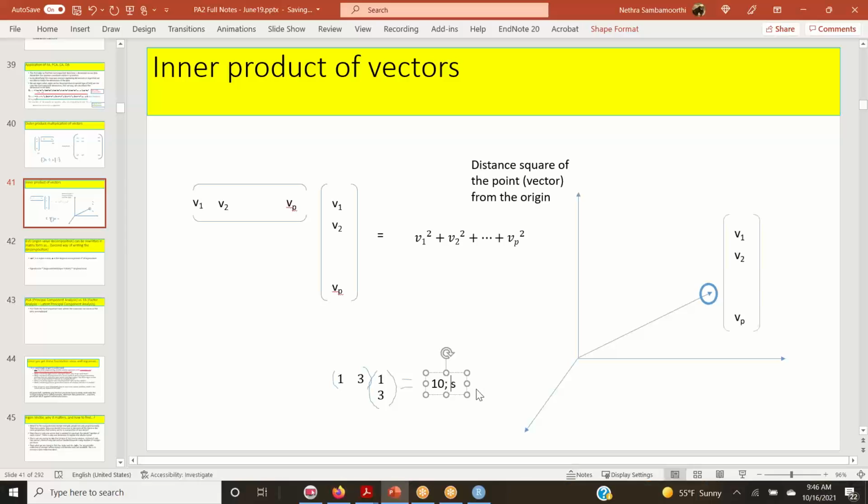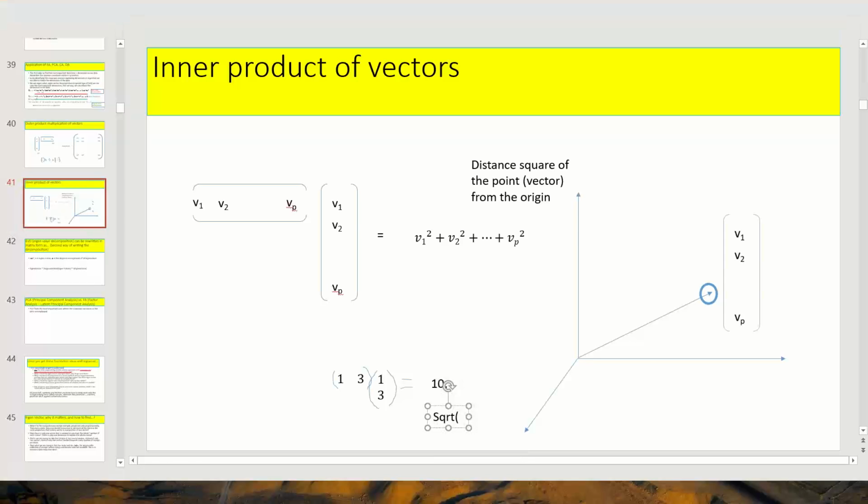So let me write square root of 10. Distance is square root.